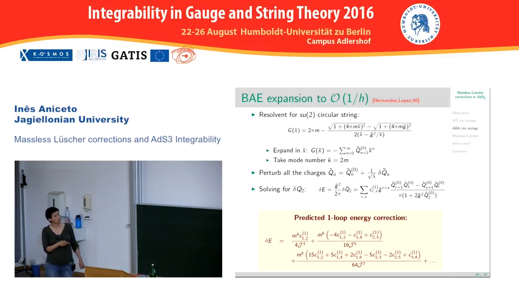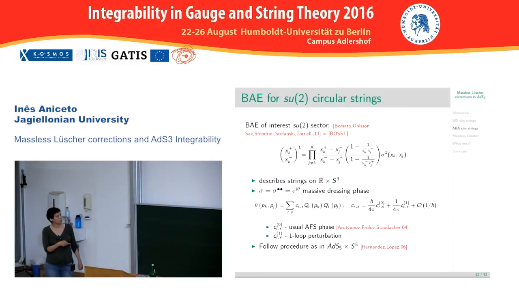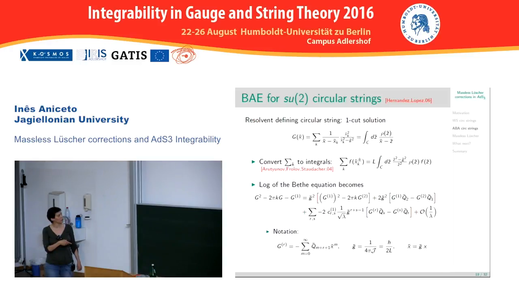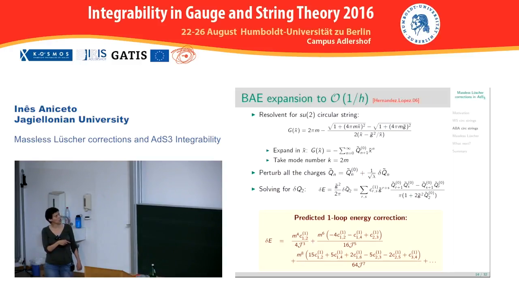And in particular now, because I assumed that my dressing phase had the perturbation, what I want to do now is perturb also my charges. I want to calculate the variation of the Q2, which is the variation of the energy due to the dressing phase.